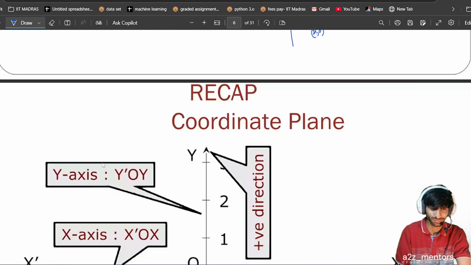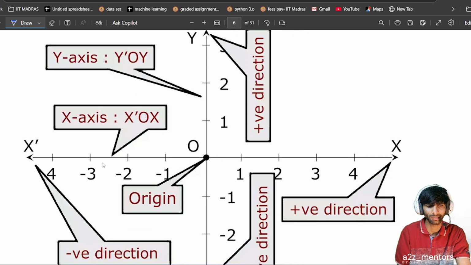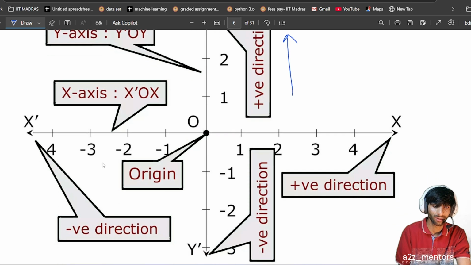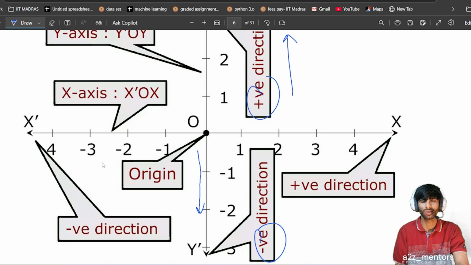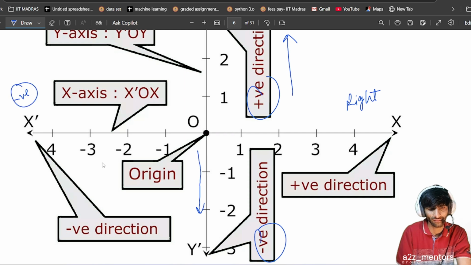Just recap how our coordinate system looks. This direction is always the positive direction. If you go up, it is positive, and if you go down, you will decrease and get a negative value. This is a trick to remember: right is always positive, left is negative.